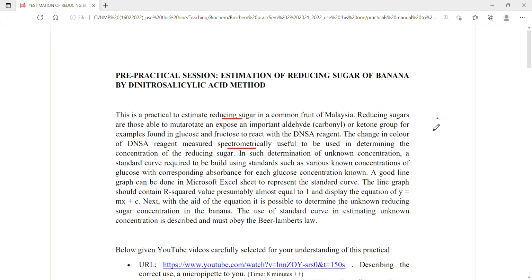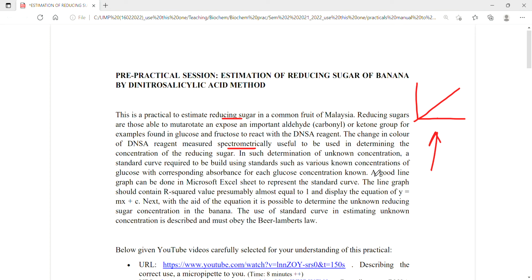So you can measure it by absorbance, and by using standards we can then build standard curves. A standard curve is a graph that we can use to determine the unknown, which is the absorbance of the banana, and we can obtain the concentration of the sugar by using this standard curve.